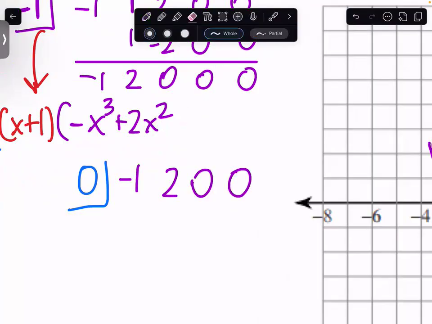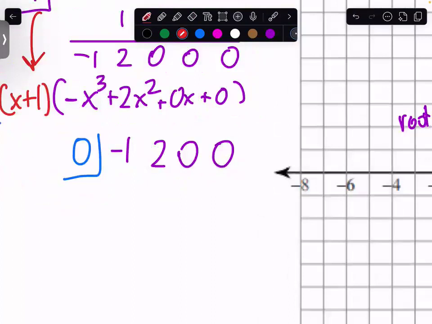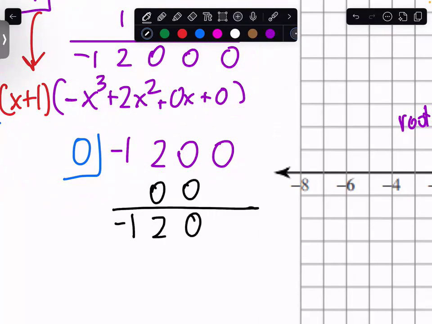Okay, let me write it out. So again, this is going to look kind of weird, but -1 plus nothing is -1, times 0 is 0, plus 2 is 2, times 0 is 0, plus 0 is 0, times 0 is 0, plus 0 is 0.